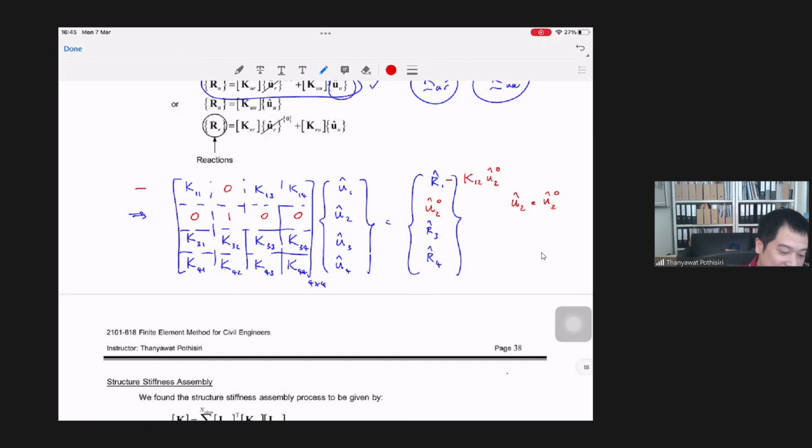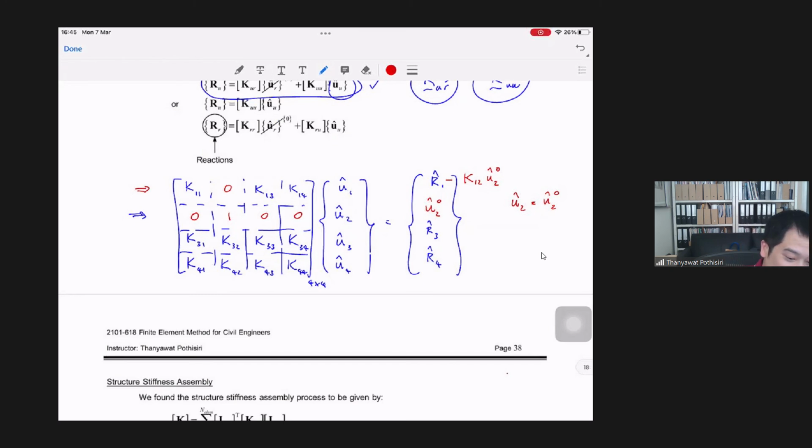My first equation would read k11 times u hat 1 plus k13 times u hat 3 plus k14 times u hat 4 equals r hat 1 minus k12 times u hat 2 naught.